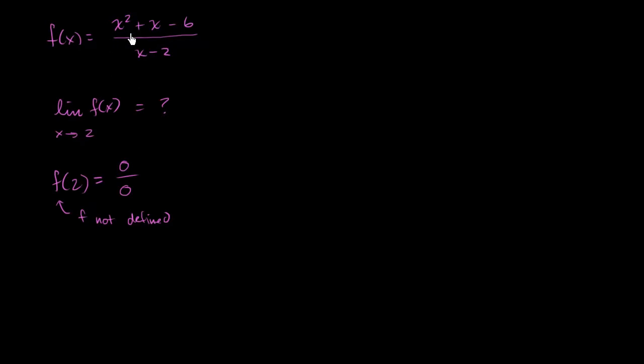So one thing that might have jumped out at you is you might want to factor the expression on top. If we want to rewrite this, and this just goes back to your Algebra 1, two numbers whose product is -6, whose sum is +3. Well, that could be +3 and -2. So this could be x plus 3 times x minus 2, all of that over x minus 2.